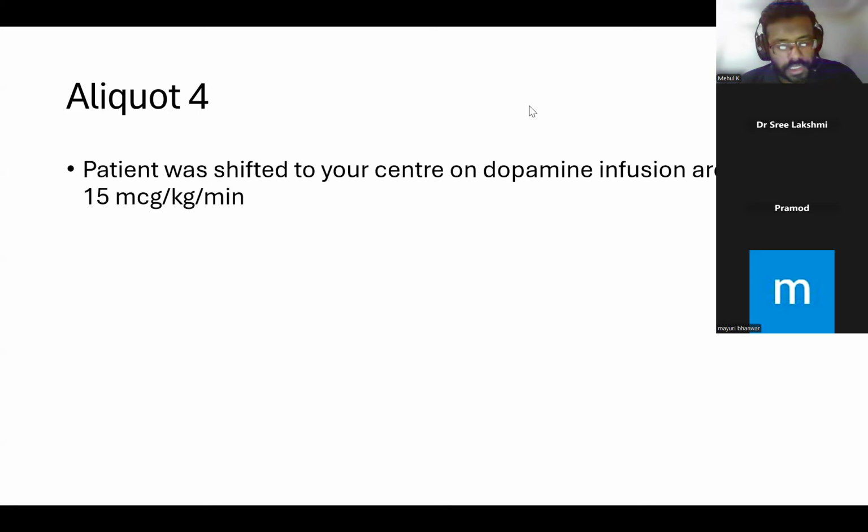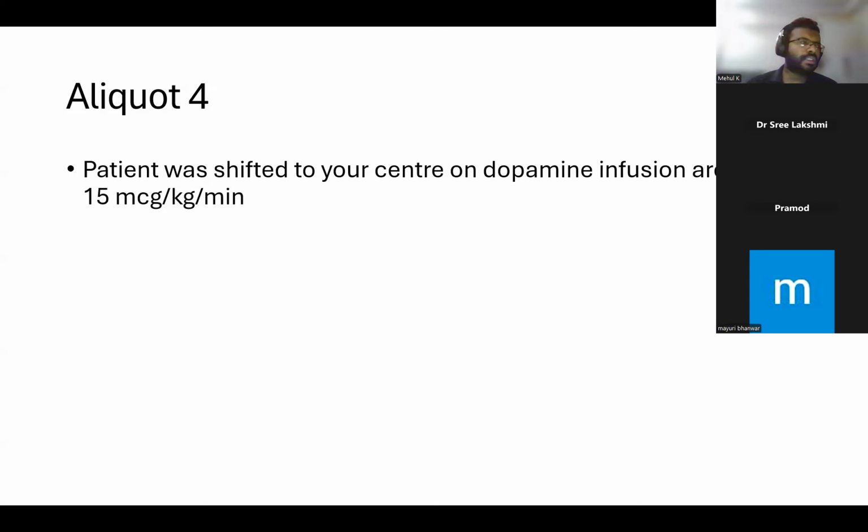So the next question is, do you want to change the vasopressor being used here to something else, or do you just continue with what is given? So, do you continue dopamine, or do you consider switching over to something else?